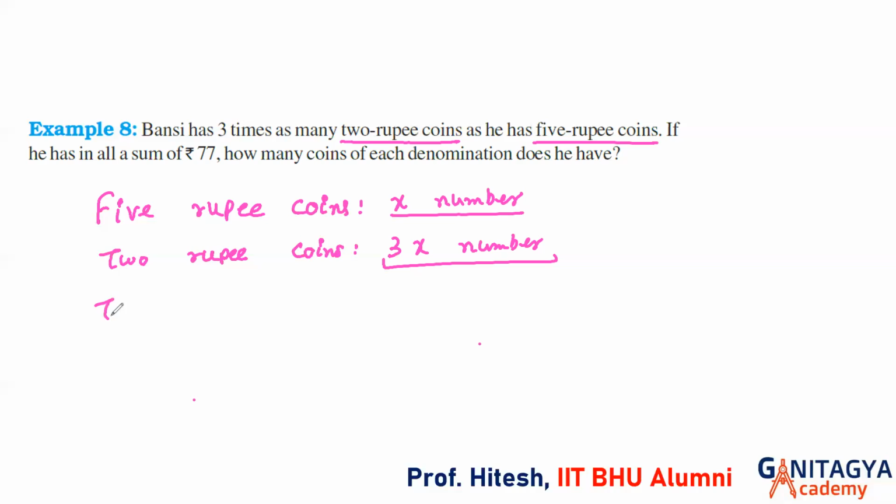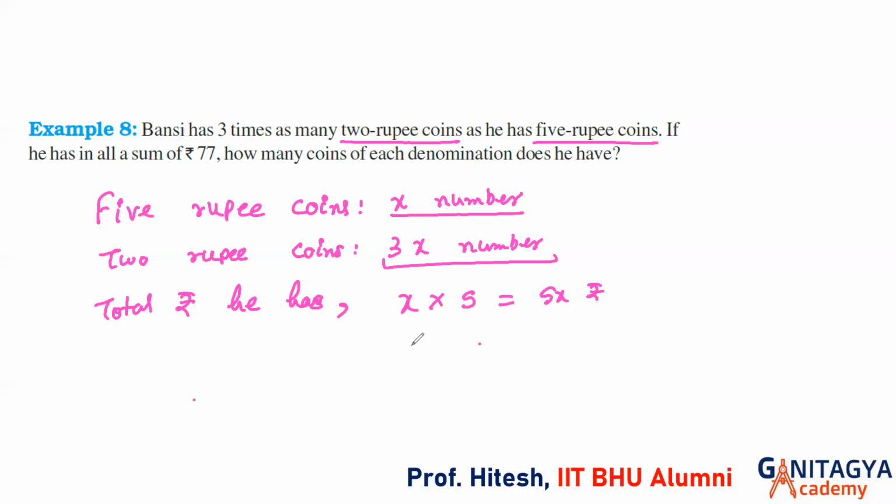Now the total rupees he has is equal to how much? x into 5, that is 5x rupees. Understood? If he has 3 coins of 5 rupees, the total money is 15 rupees, like that.